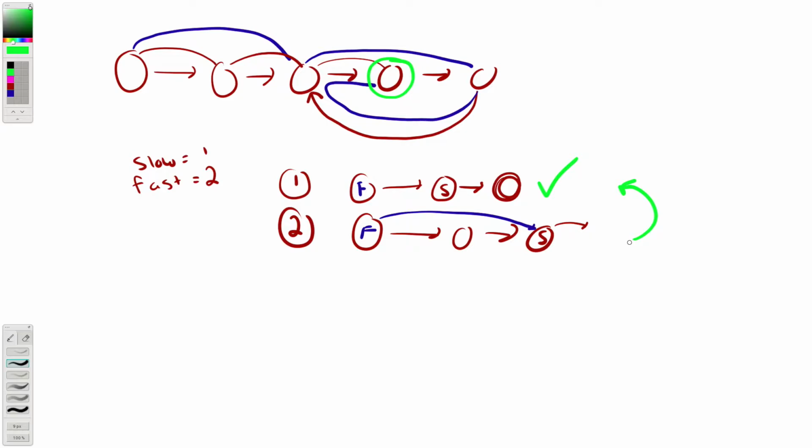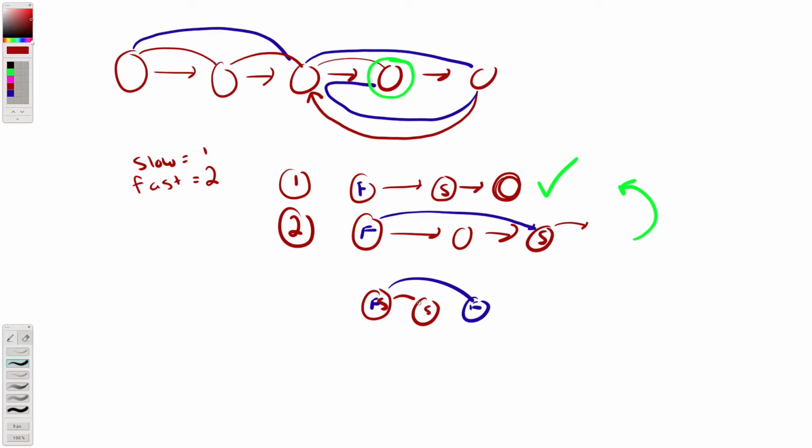It's impossible, because the only way for it to skip over is if they are both in the same node at one point, and then fast goes over 2 and slow goes here.